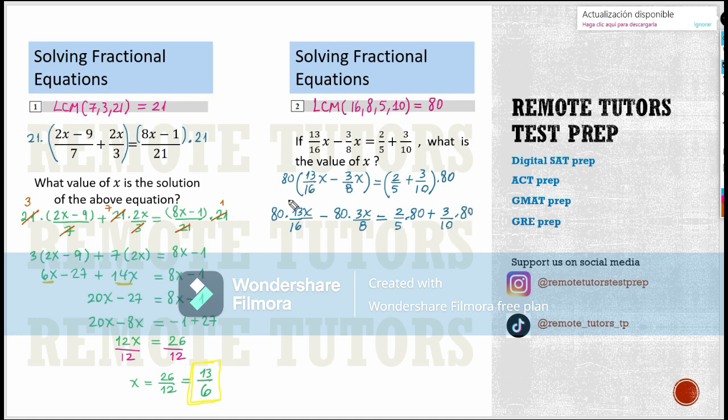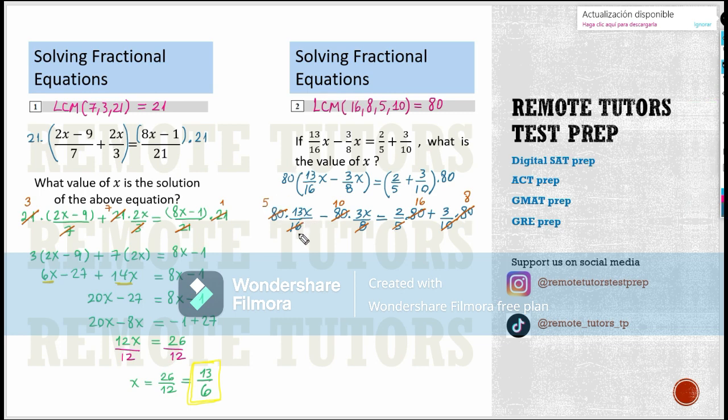Now we will simplify. Here 80 divided by 16 gives a 5. 80 divided by 8 gives a 10. 80 divided by 5 gives 16. And 80 divided by 10 gives an 8.